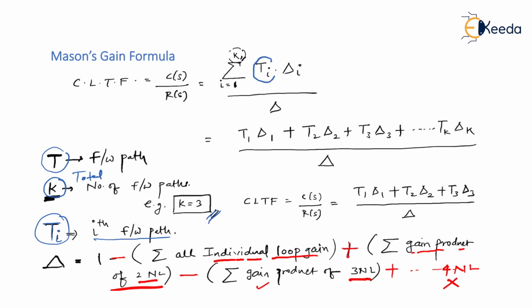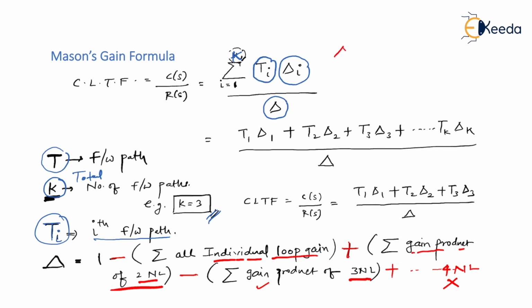So we have understood what Ti is. We have understood what delta is. We have also understood the significance of K: K indicates the total number of forward paths. The only thing left is delta i, which is all that remains for explaining Mason's gain formula.